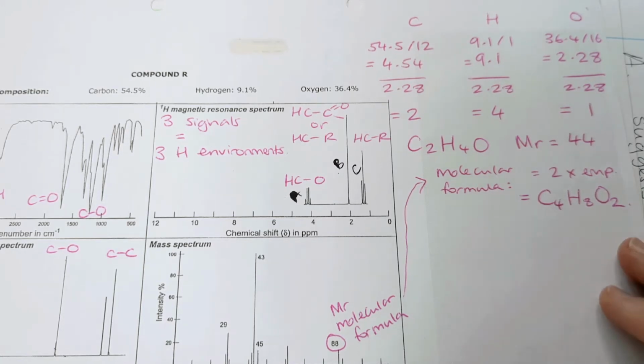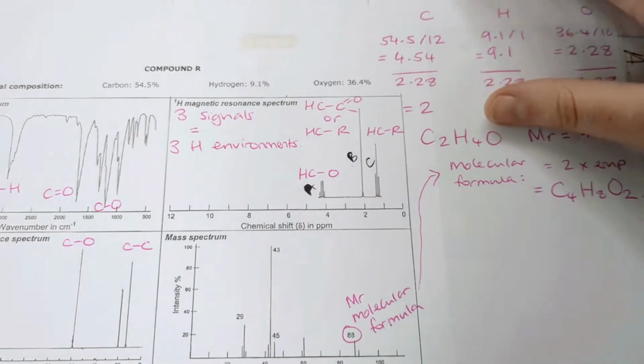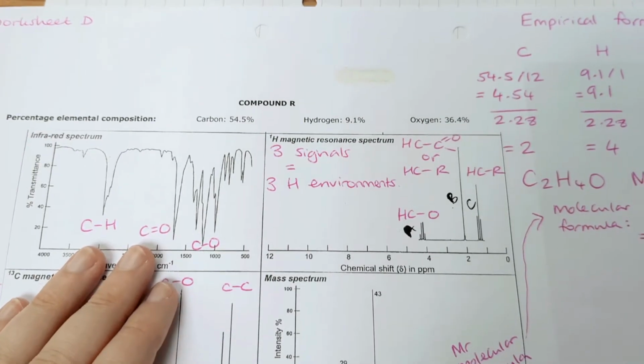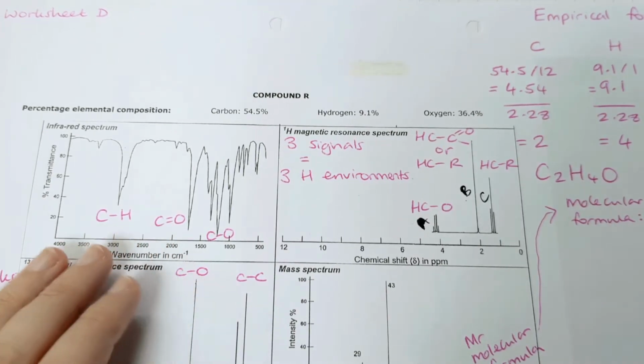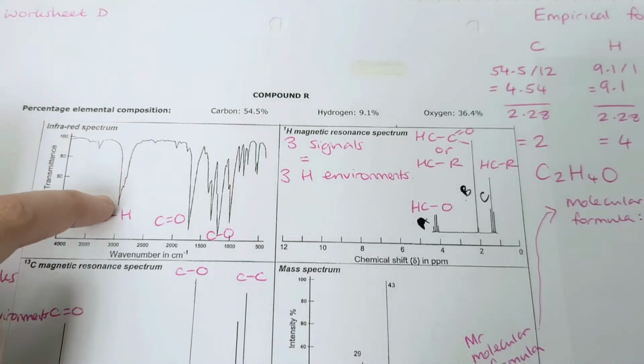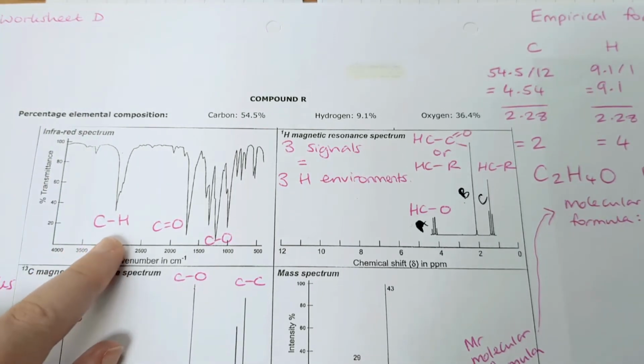One of these could be a carboxylic acid. It could also be an ester. Maybe it has an alcohol group and something else. So to confirm which functional groups are present, we can look at the infrared. Now for this you'd need a data sheet, and I cover infrared in another video, but this sharp peak around 3000 is due to CH.